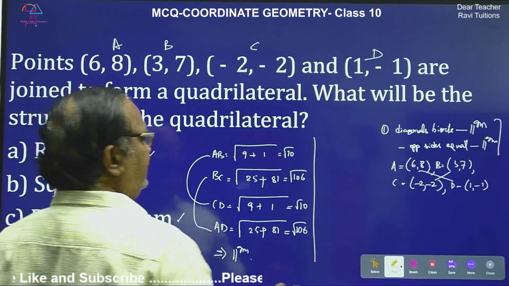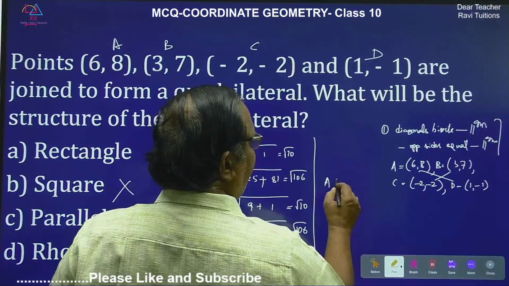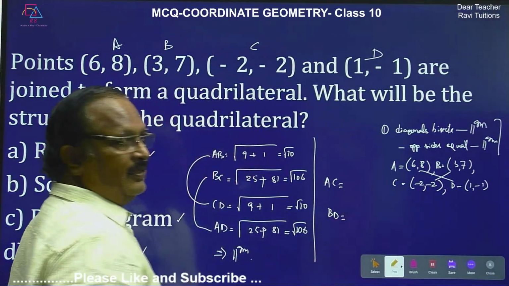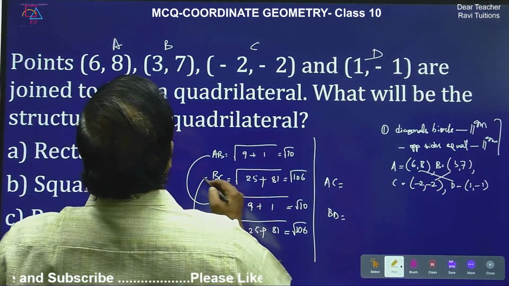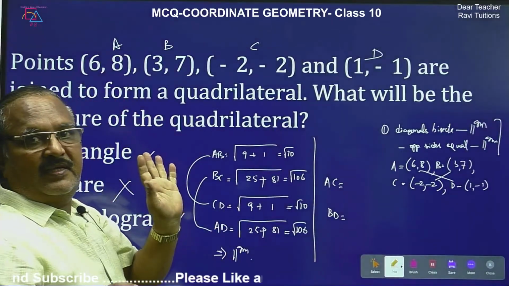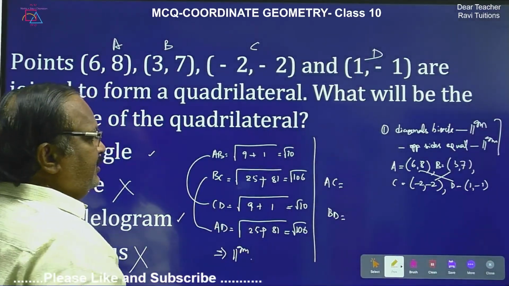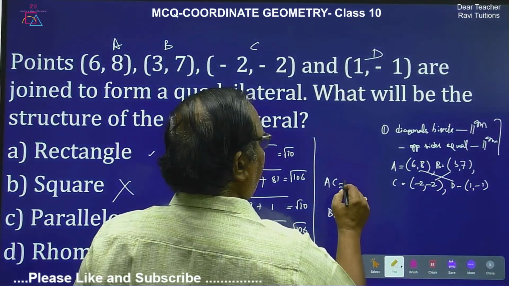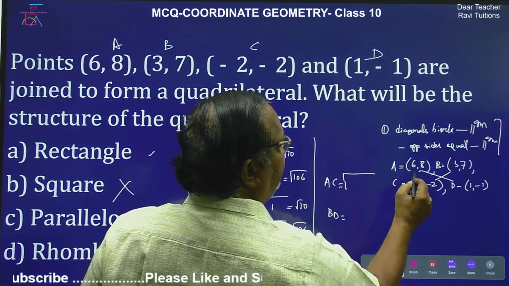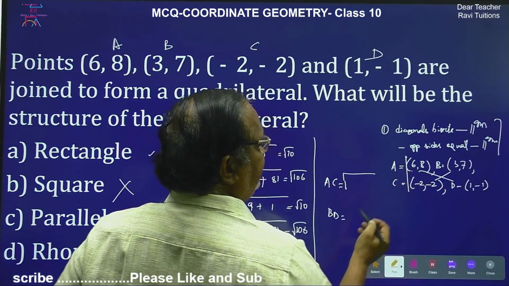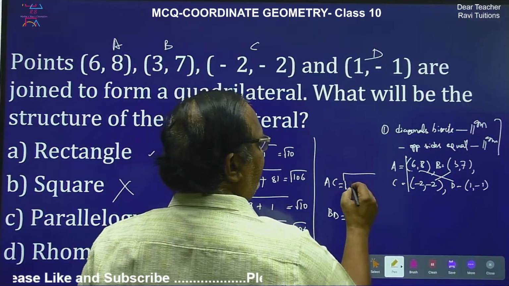Let us find out the diagonals. Diagonals are AC and BD. Okay. AC, how will you get AC? Alternate points, AC and BD. Alternate points are diagonals. So now let us find out AC. AC is how much? A and C, these two. Okay. Minus 2, minus 6, minus 8. Minus 8 whole square is 64.